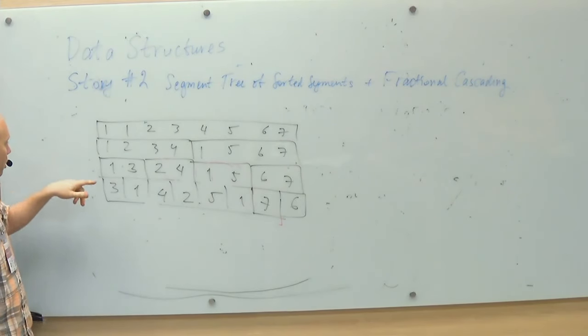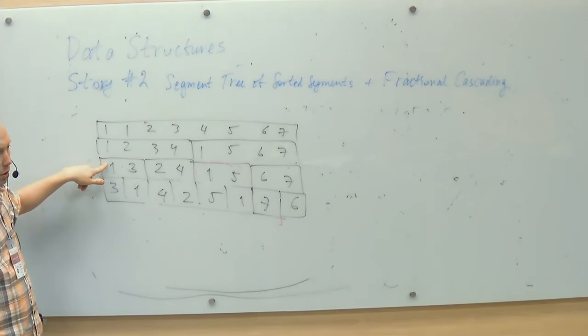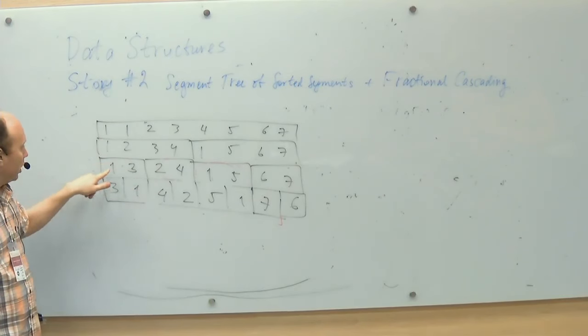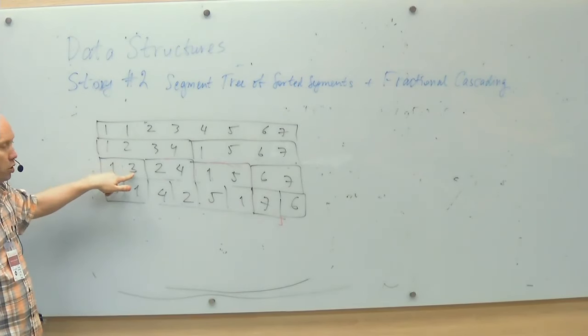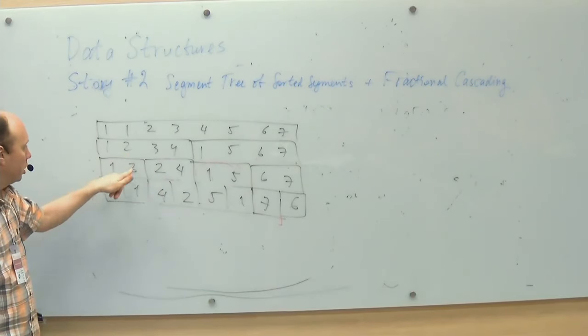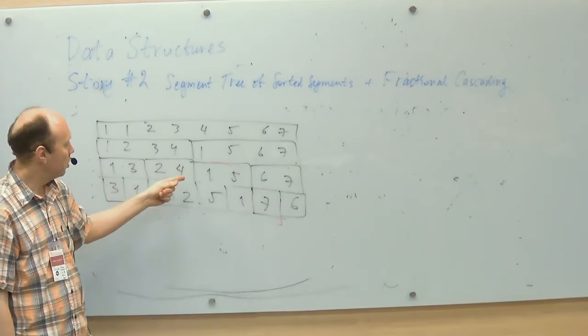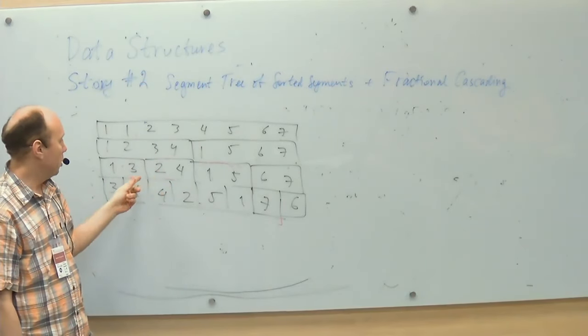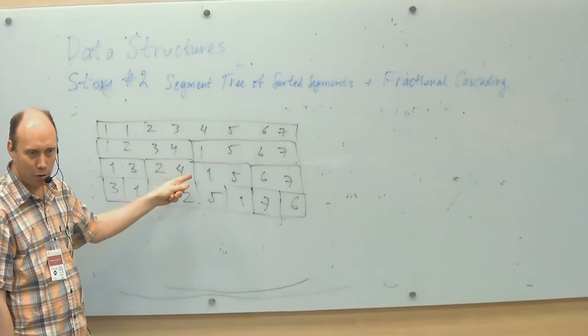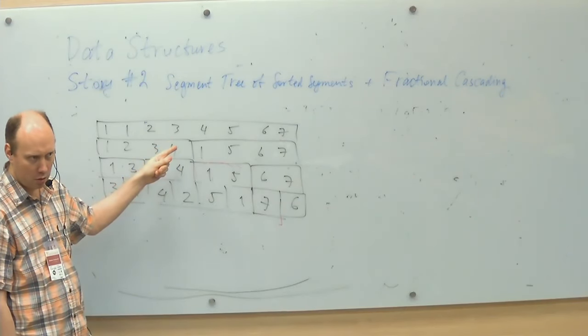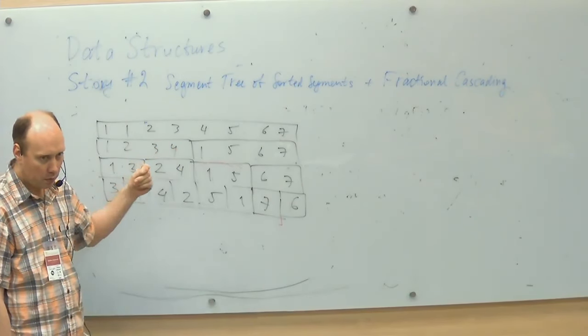So you see what is the smallest one. 1 or 2? 1. So 1 goes here and we move the pointer to this position. What is the smallest of 3 and 2? 2. So 2 goes here, pointer moves. What is the smallest of 3 and 4? 3. 3 goes here, pointer moves. What is smallest at the end of the segment and 4? 4, so 4 goes. So that's how you do it.